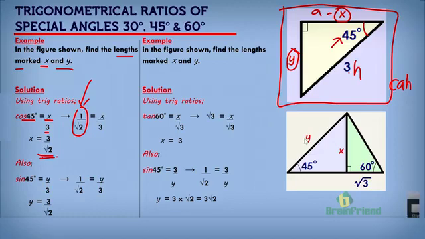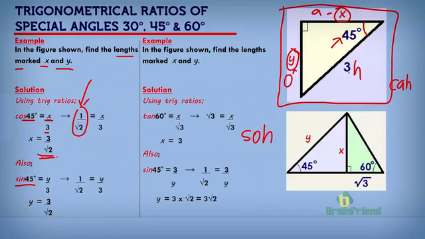Also, to find y, let's mark our sides in play. We have our opposite side and we have a hypotenuse. So we have O and H. Which of our trig ratios are we going to use? S is the SOH, which is our sine. So we say sine 45 degrees is opposite over hypotenuse.